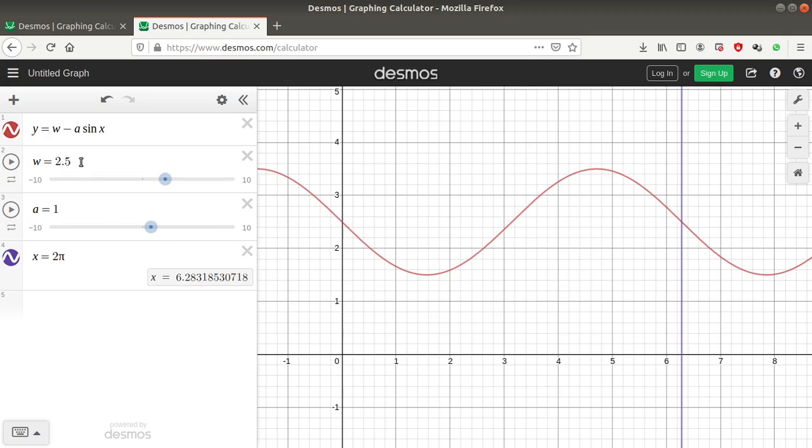Now let's just look at this window. When omega is larger than a, then there is no fixed point, right? This is theta dot, and it is not intersecting the theta dot equal to 0 line anywhere. So no fixed points.